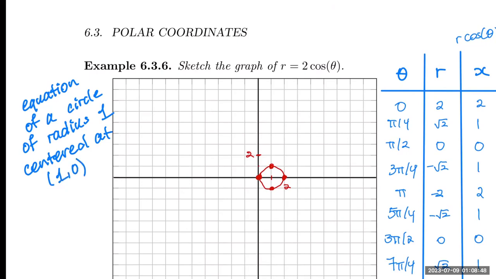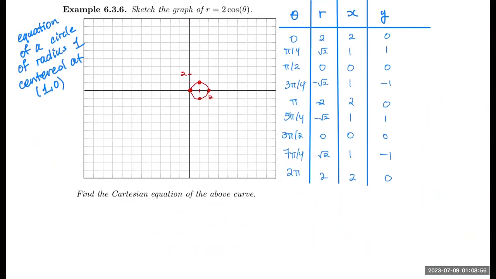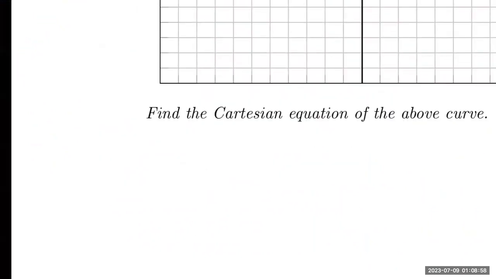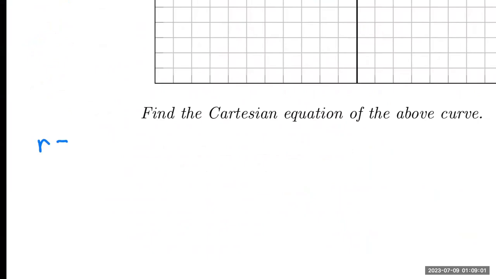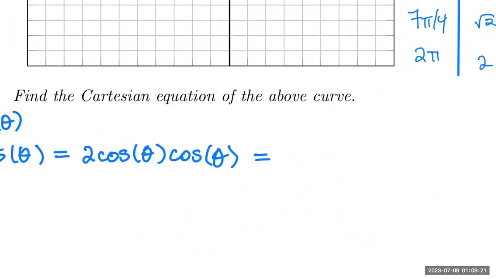Okay, so let us find the Cartesian equation of the above curve. Well, since r is equal to 2 cos theta, let's put that down. Let us put that into the x and y. So we know that x is equal to r cos theta, but r is equal to 2 cos theta. So that's 2 cos theta times cos theta, which is equal to 2 cos squared theta.